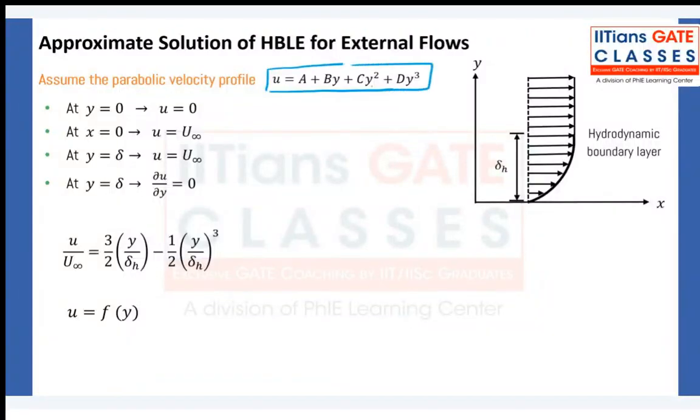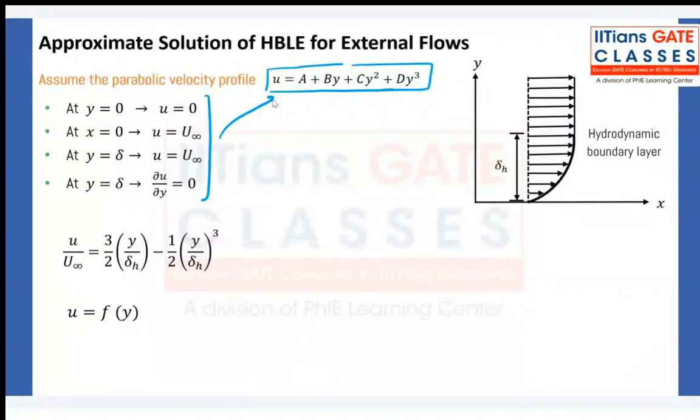Now we will insert various a, b, c, d constants and see if it fits all the boundary conditions. So it's an iterative process. We are going to apply these boundary conditions here and see if it is satisfying or not. Again, it is an iterative process, but we are not going to do that.